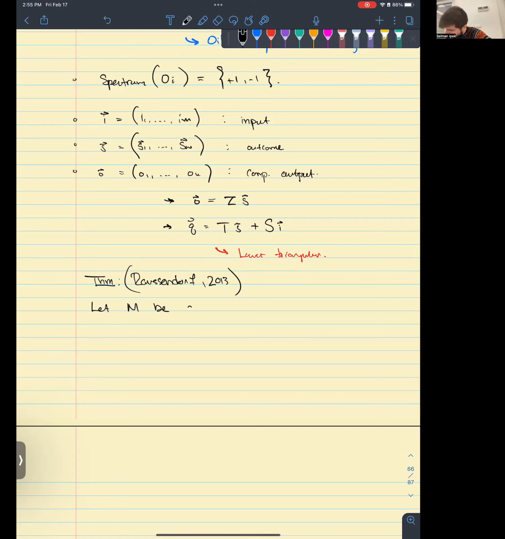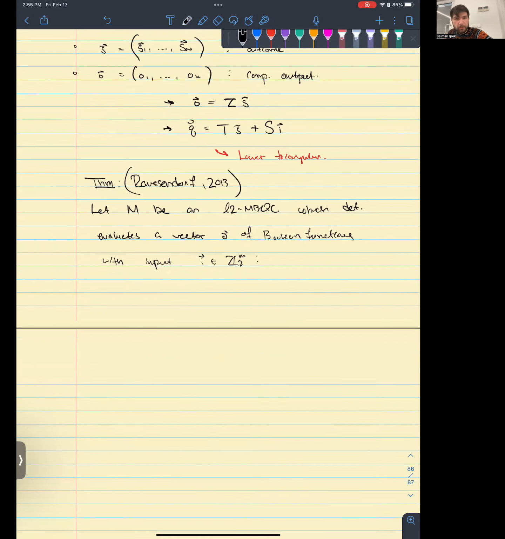Let M be an L2-MBQC which deterministically evaluates a vector of Boolean functions. So there's M possible inputs.